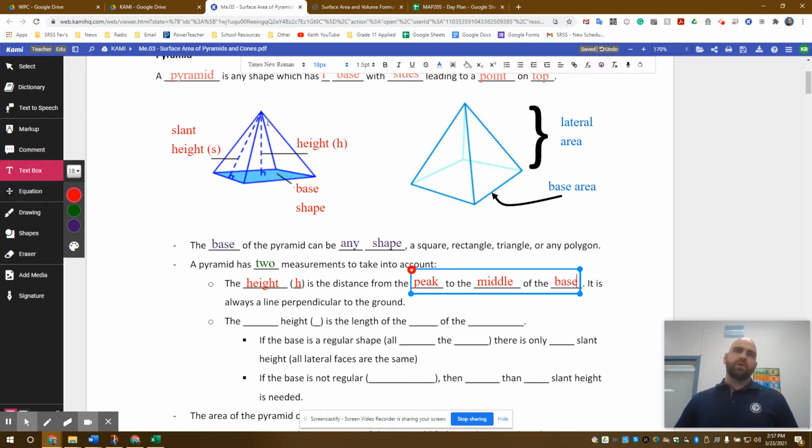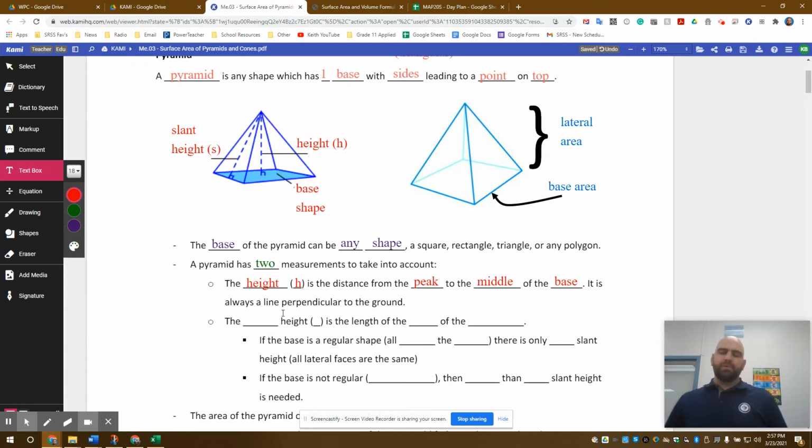And we showed that up on top here. It is always a line that is perpendicular to the ground, so it's always going to be at a right angle. That's our height. With a solid pyramid, if I had an example here, it'd be tough to calculate the height because we'd have to go through the object from the peak to the middle of the base.